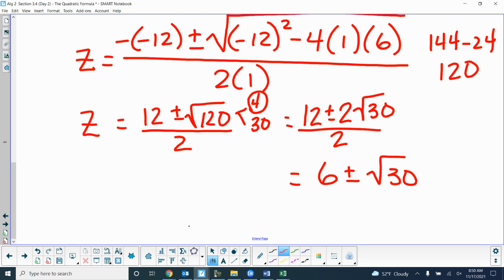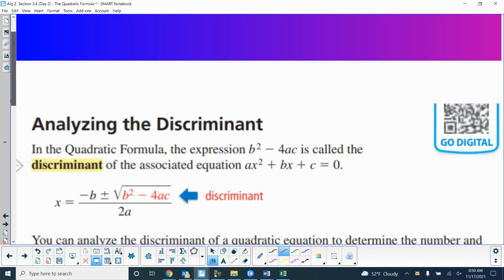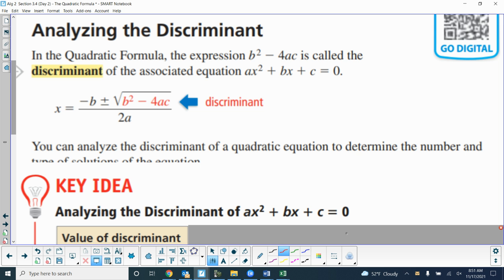Thank you. All right. So we're good on last night's homework, right? Using the quadratic formula, right? Okay. So today we're analyzing the discriminant. In the quadratic formula, the expression b squared minus 4ac, the part under the radical sign, is called the discriminant of the associated equation ax squared plus bx plus c equals 0.